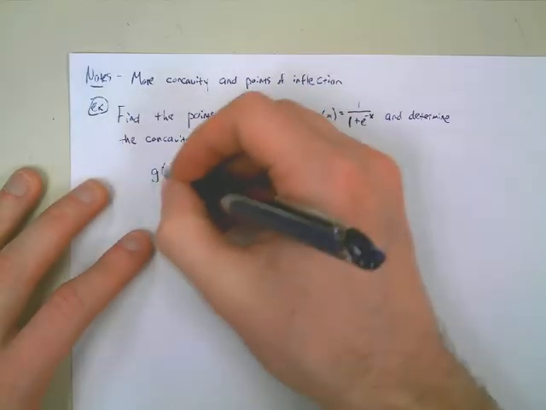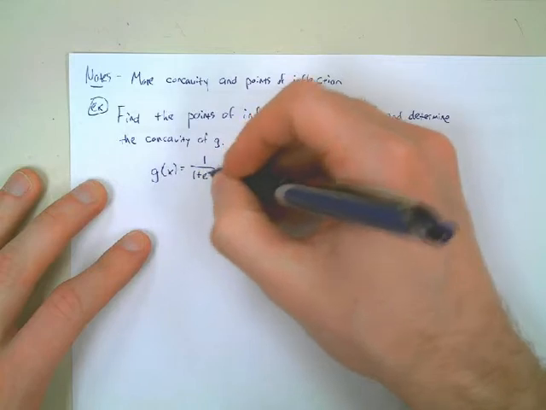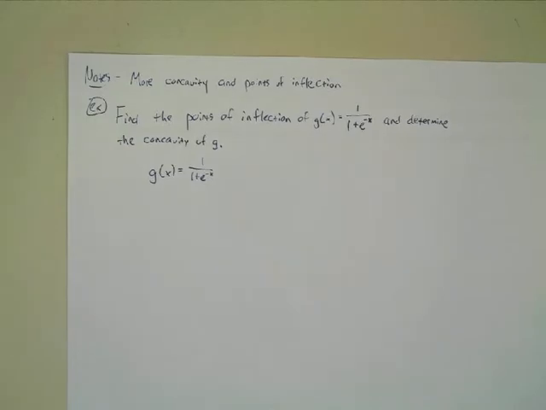So our original function here, g of x, is 1 over 1 plus e to the negative x. What might be helpful for us to do here before we take the derivative?